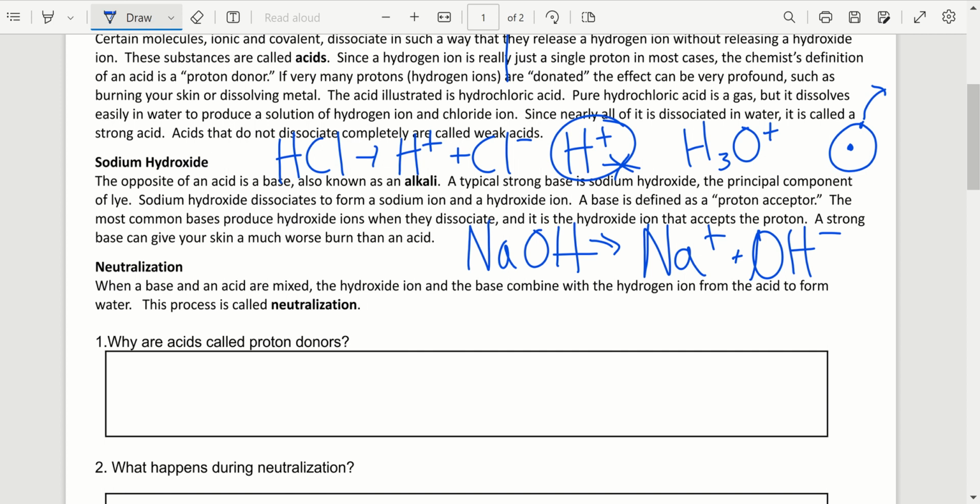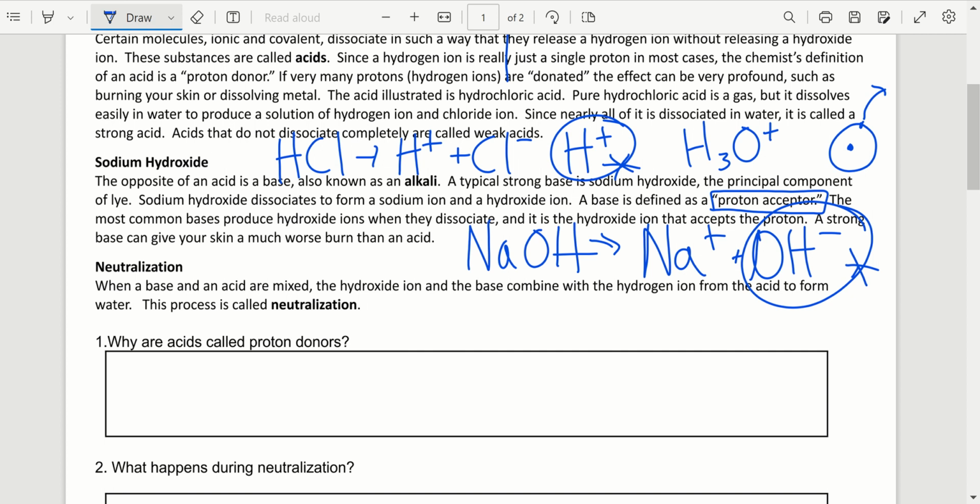Now in Arrhenius theory, a base is defined as something that produces OH negative as the only negative ion in solution. But the Bronsted-Lowry calls it a proton acceptor. The most common bases produce hydroxide ions when they dissociate like this one, and it is the hydroxide ion that actually accepts the proton. A strong base can give your skin a much worse burn than an acid.